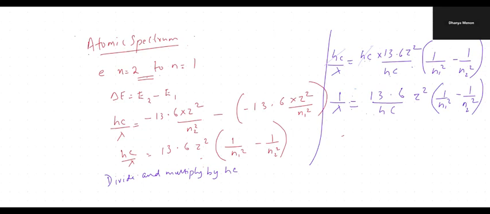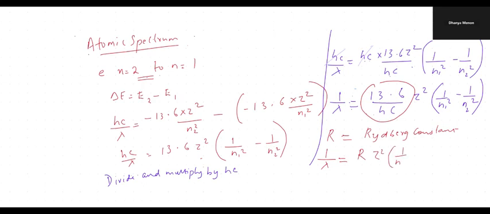Okay, and this particular value is our new constant, which is called the Rydberg constant, R. Okay, so I have the wavelength for the atomic spectrum, that is 1 by lambda, is equal to the Rydberg constant R, Z square by 1 by n1 square minus 1 by n2 square.